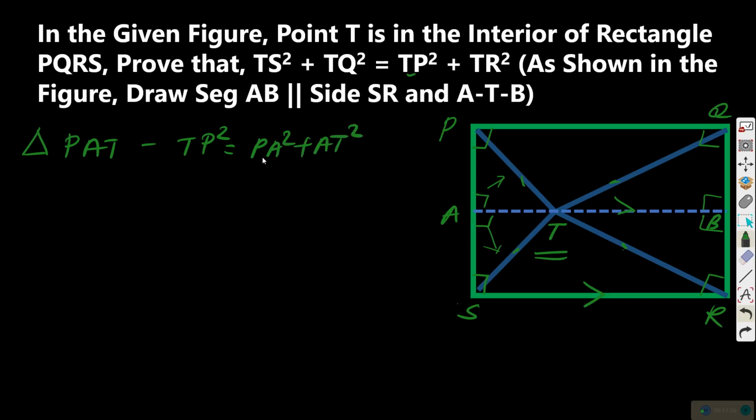Now we will consider another such triangle, triangle ATS. There also you can say that TS square, which is our target, is equal to AT square plus AS square.